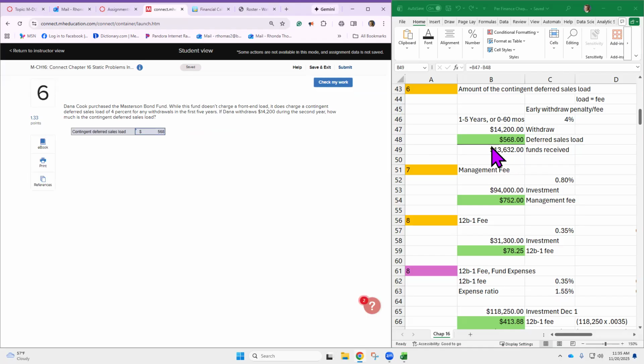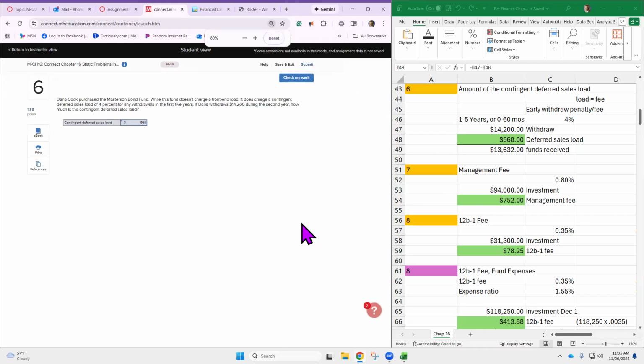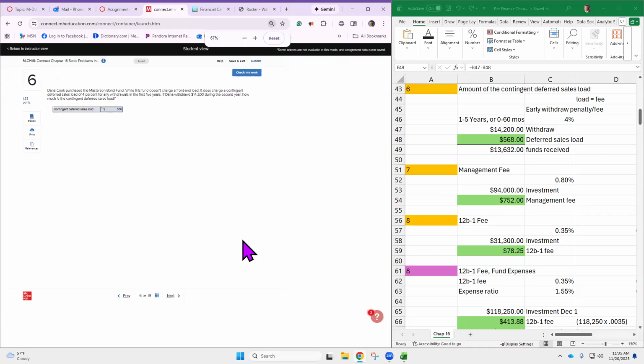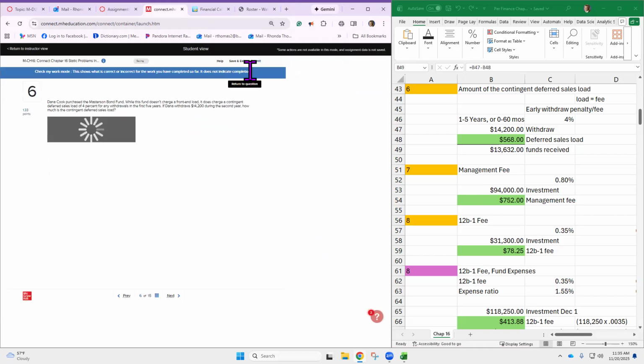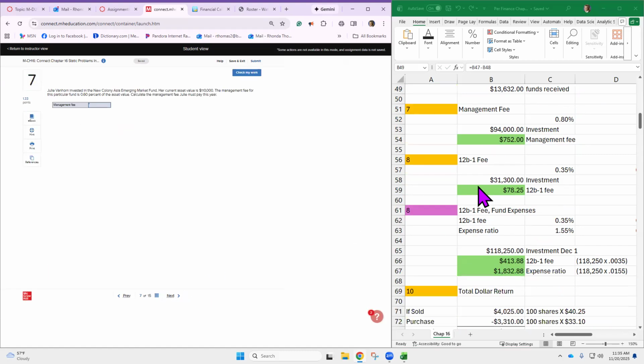So sometimes if the fee is going to be subtracted from your distribution, you have to pull out enough to cover whatever you want to pay with these funds. Once again, this is called the contingent deferred sales load. That word load means a fee that is going to be calculated and charged. All right, number 7.